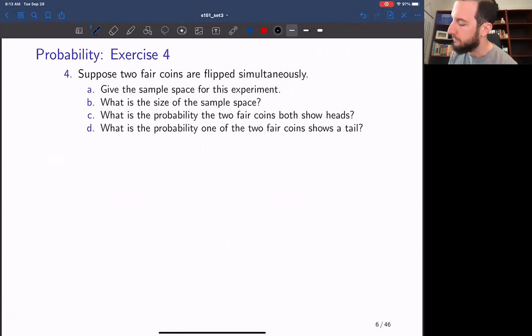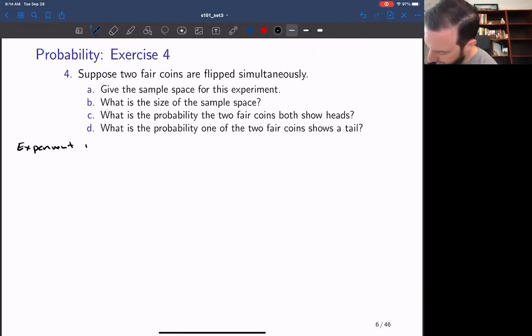Okay, so here, our experiment is tossing two fair coins.